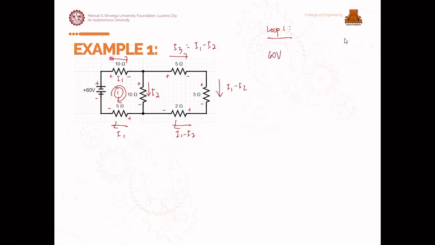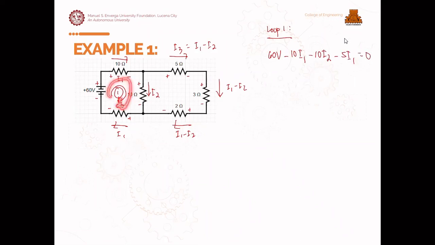Then, dito sa kasunod, towards negative, so minus tayo I1. Okay? Dito, downward tayo towards negative, so minus 10 I2. Then, ito, towards negative, minus 5 I1 is equals to 0. So, wala na tayong iba component sa loop 1, no?